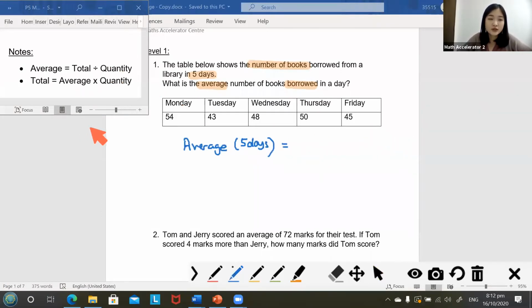Looking at your notes, average is the total over quantity. I'll put QTY as a short form for quantity. What is the total here? Every day you have 54 for Monday, Tuesday is 43, Wednesday 48, 50 Thursday, and 45 Friday. To find the total number of books borrowed, we need to add everything up. So the total of the 5 days.